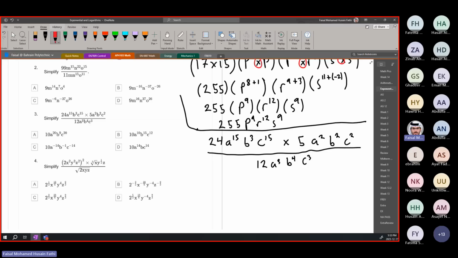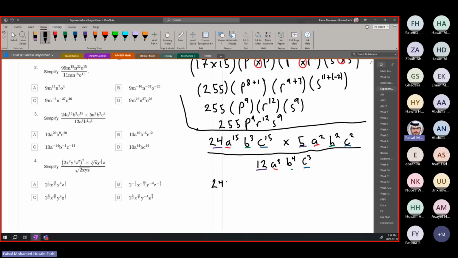I'm trying to think of a way to make this easy for you guys. Okay. Easiest way: separate everything again. The coefficients by themselves, A's by themselves, B's by themselves, and the C's by themselves. This is the easiest way to solve this. I think, honestly, this is the easiest way.